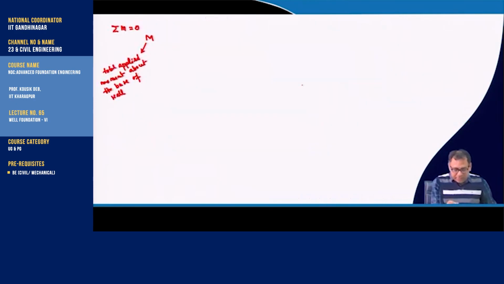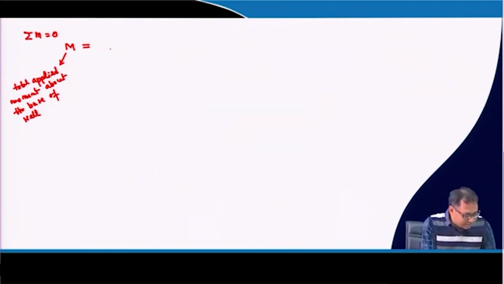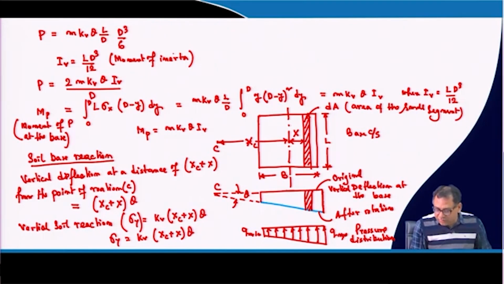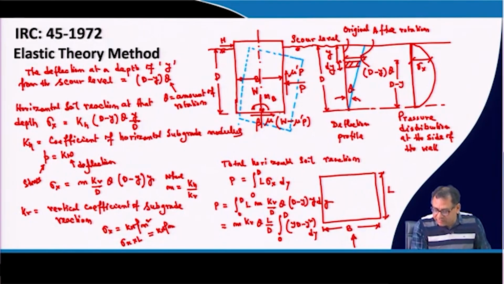So, the applied moment will be equal to MB, the base moment, then the moment due to P, MP, then mu dash P, which will act at a distance of B by 2, because this is B.